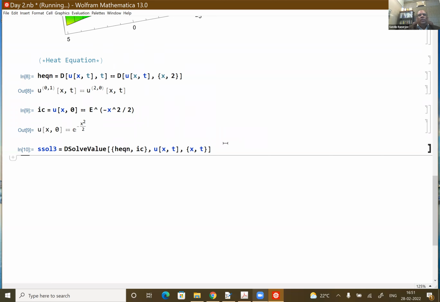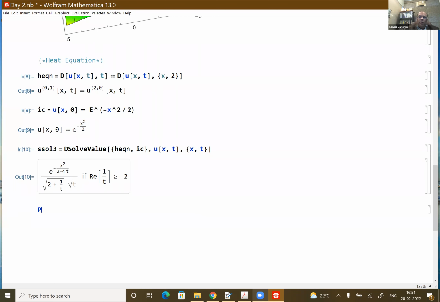This takes a bit of time. Okay. It gives some result and the condition for which this result will be valid. And then you plot.